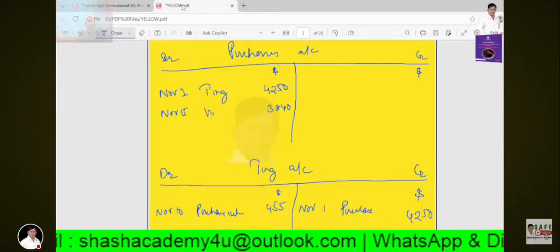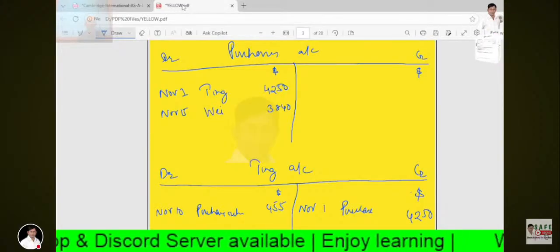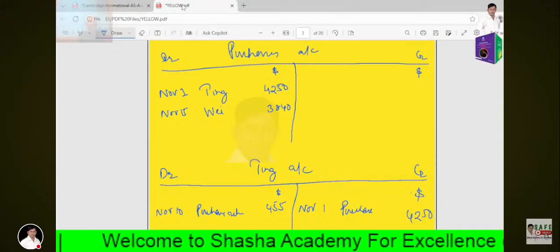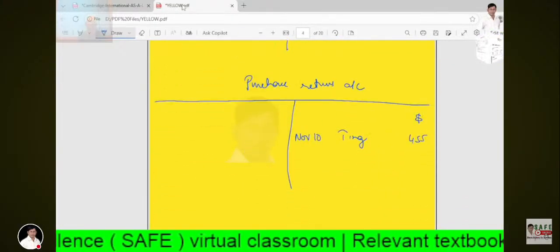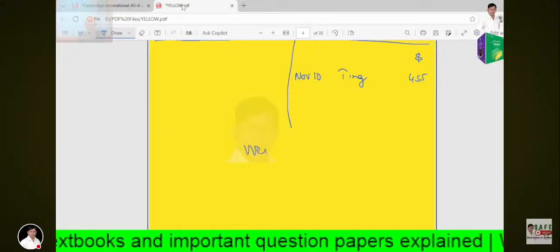We have purchased from V, so that's why we have to write V here. Now we have to write it to V account. If it is not there, we have to open V account.